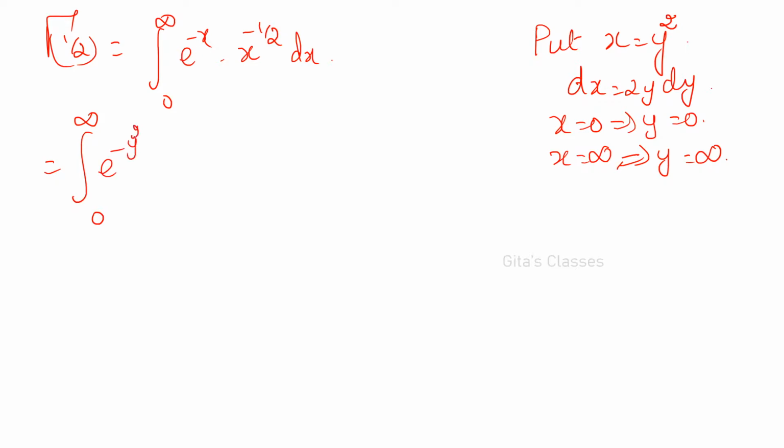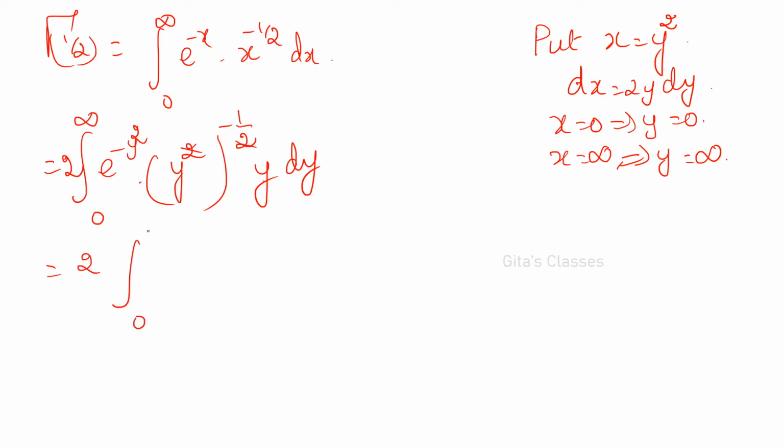So e power minus y squared into (y squared) the whole power minus 1 by 2 into, what is dx? 2y dy, I am going to take the 2 outside. So this is 2 into integral 0 to infinity e power minus y squared into y power minus 1, I can write it as 1 by y, into dy.